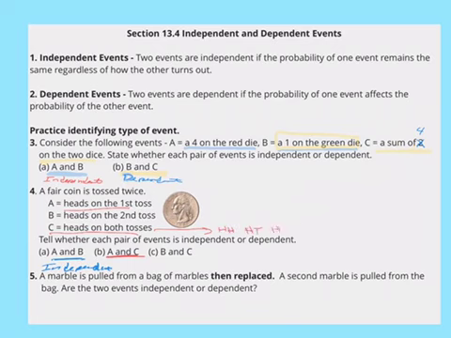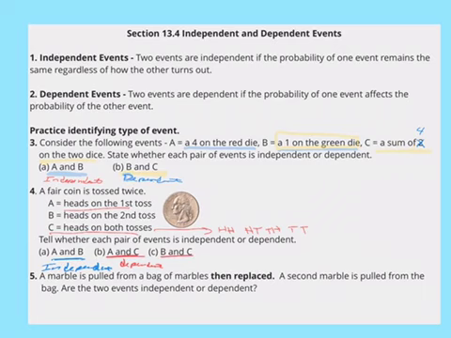So I'm going to be looking at a combined sample space now, where I'm putting the two events together. So getting a heads on the first toss is going to affect the probability of getting heads on both tosses. So this here would be classified as dependent. What I get on the first toss is going to have an effect on the probability of the combined tosses.